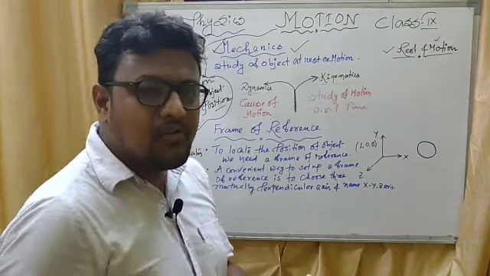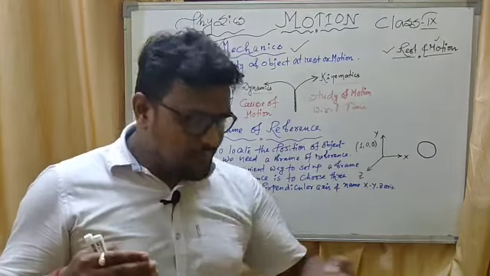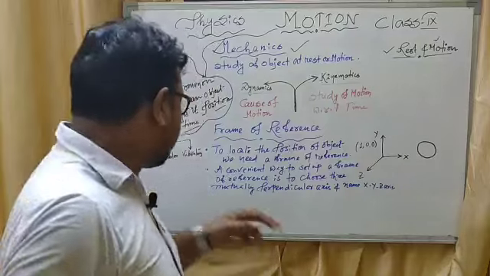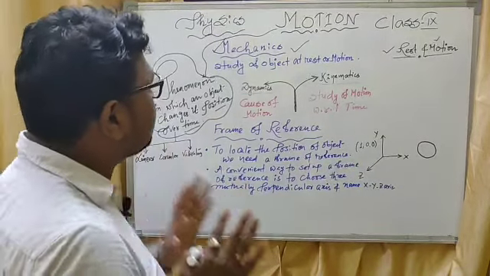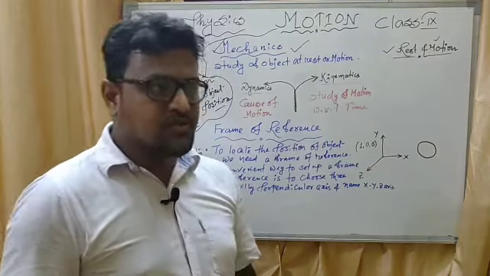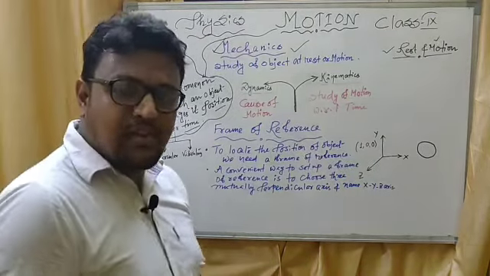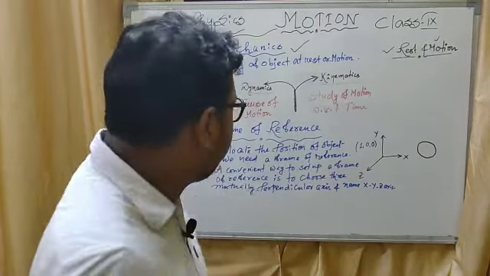Vibratory motion is nothing but to-and-fro motion, like a pendulum. Say a pendulum is moving in that direction, comes here, and again goes in the forward direction. That is nothing but vibratory motion. So these are the basic concepts of motion. So what is motion? Motion means it's a phenomenon in which an object changes its position from rest to the moving one, right?